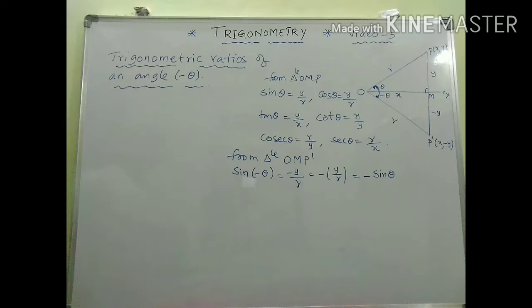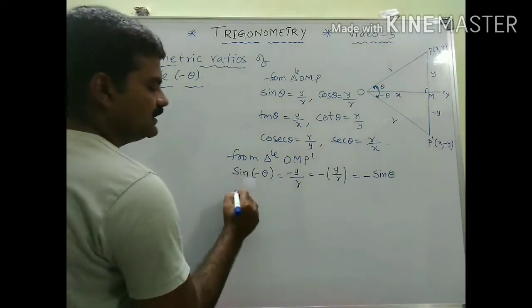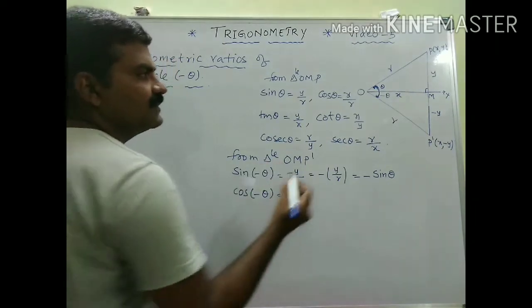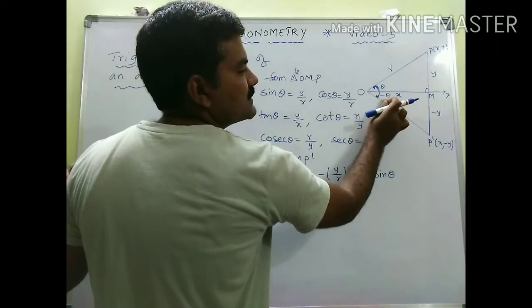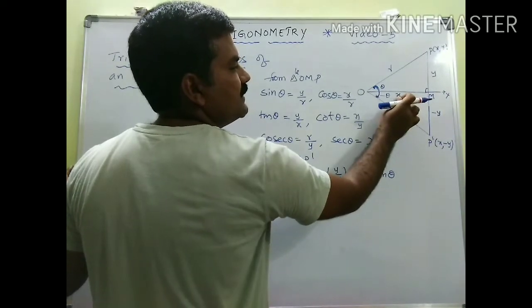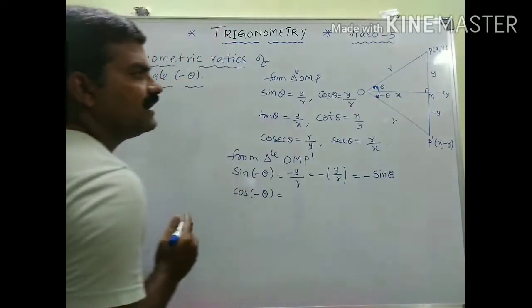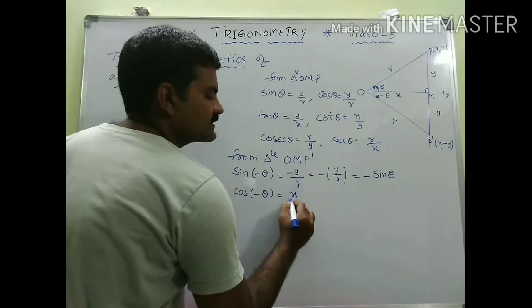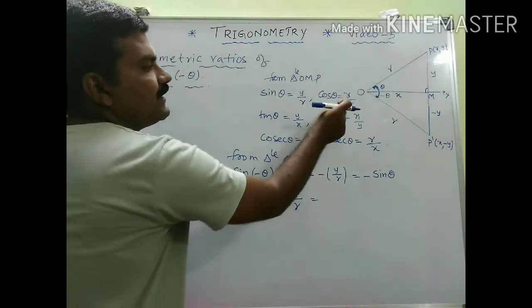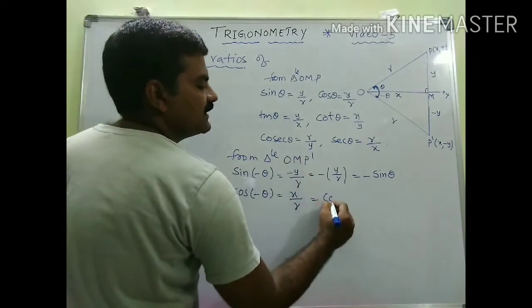Do you understand? Now tell me, what about cos of minus theta. Cos is adjacent side by hypotenuse. Adjacent is x and hypotenuse is r, which is x by r, and x by r is cos theta.